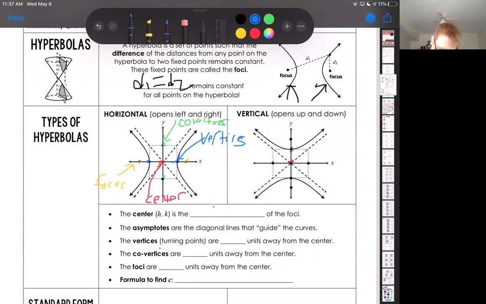The points above and below would be your vertices, so it's a little bit reverse of the horizontal. The points to the left and right would be your co-vertices, and these yellow points would be your focus points.